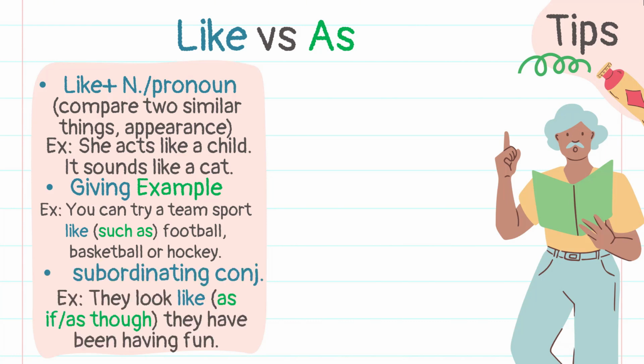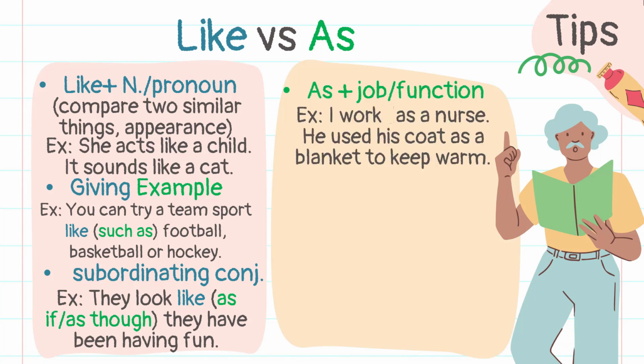And number 3, you can use like as a subordinating conjunction instead of as if or as though. They look like they have been having fun, or you can say they look as if, as though they have been having fun. For as, we use it to refer to a job or function. I work as a nurse.